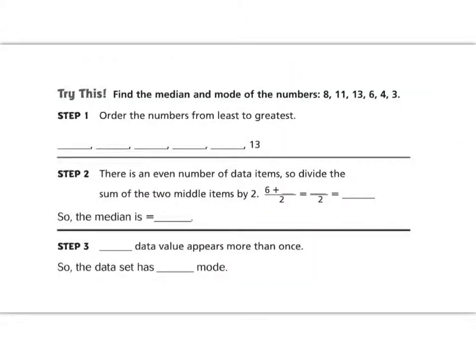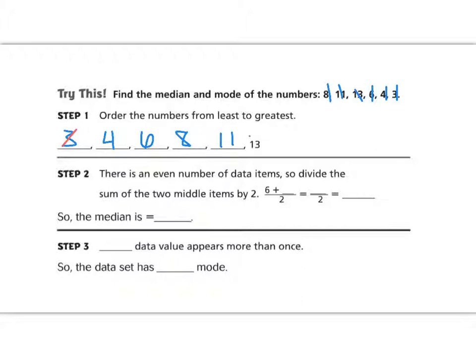Let's try this one more time. Find the median and the mode. The first step that we do is to write them in order. So our smallest number is a 3, then a 4, then a 6, then an 8, then an 11, and they wrote the 13. Now we want to find the middle of our numbers. So we want to cross one out on each side.